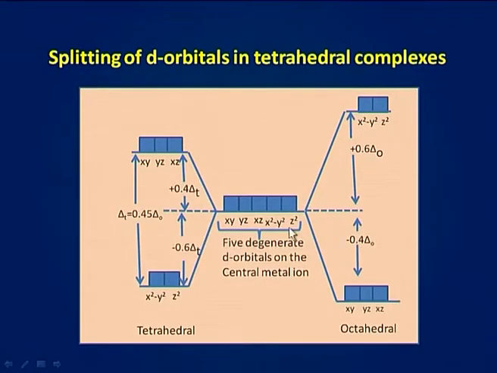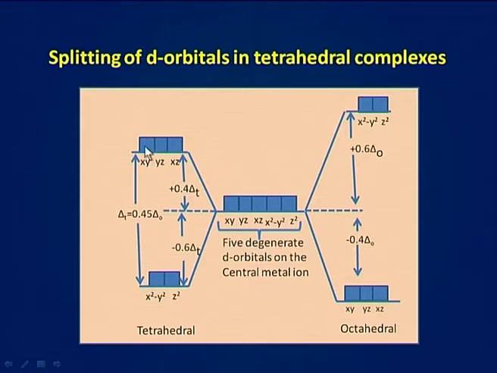You know that for octahedral complexes, the energy of eg set is higher and the energy of t2g set is lower, while that for tetrahedral complexes, the energy of t2 set is higher and that of e set is lower.